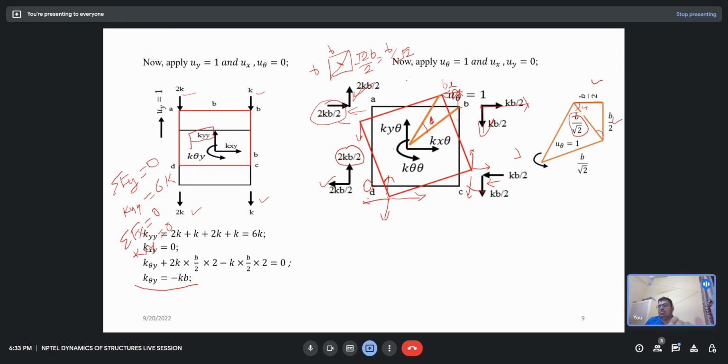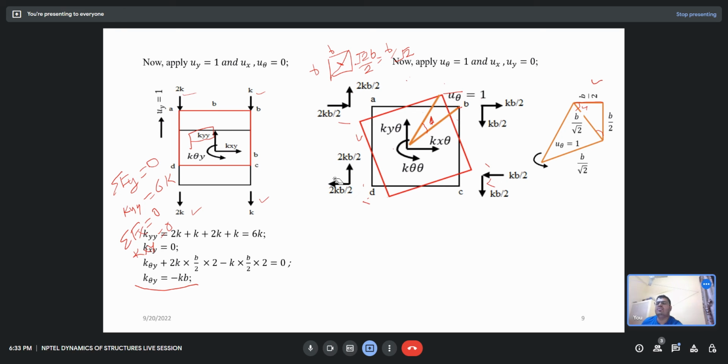If you are able to draw this diagram, finding out these forces in the free body diagram, then writing the equations is generally simple, there is no problem in writing the mathematical expressions. First, finding out this free body diagram is the important part.